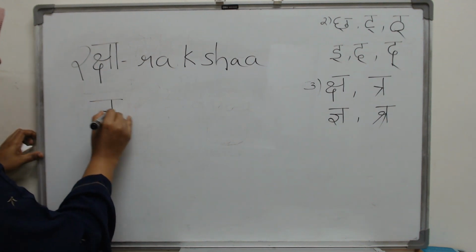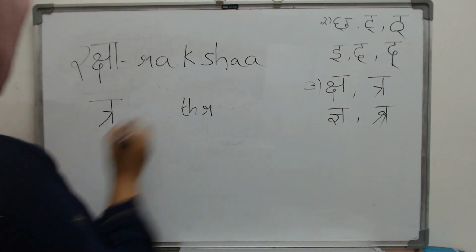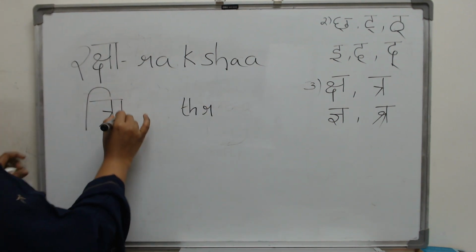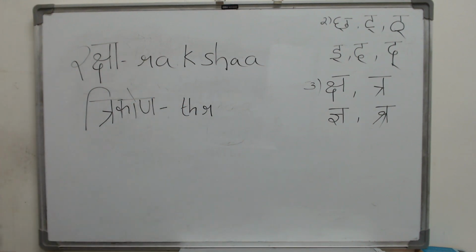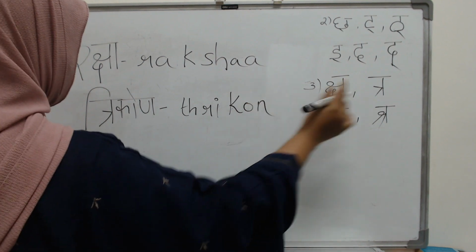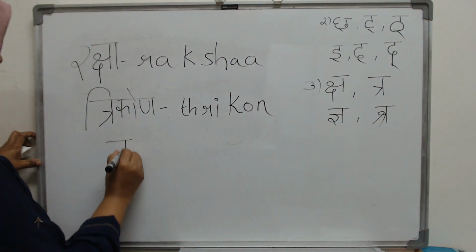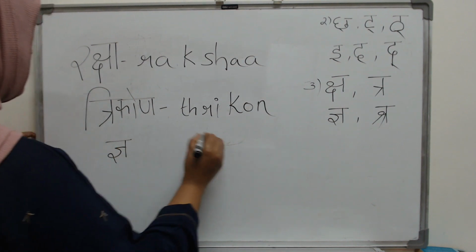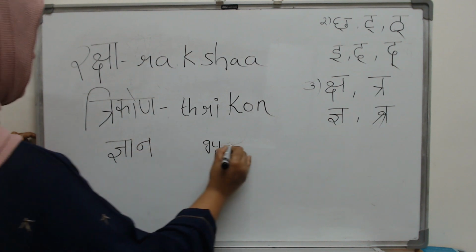Next is tra. T plus r. For example, trikona. Kona means corners. Trikona, which is the mathematical figure which has three corners to it? A triangle, right? So, trikona. Tra, ksha and tra. This one is gya. It gives the sound of g plus ya. Gyan.